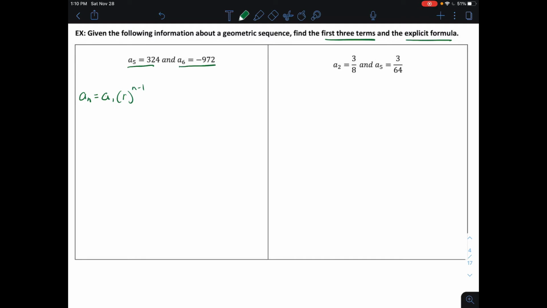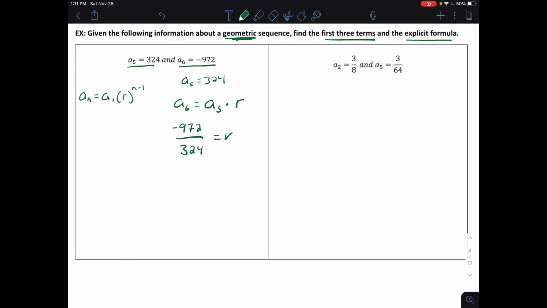Now let's think about what we're given. The 5th term is 324, so a5 is equal to 324. Since we're told it's geometric, we know that the 6th term, a6, is going to equal a5 times whatever r is. I don't know what r is, and I want to figure it out. If I'm given 2 consecutive terms, r would equal a6 divided by a5, and that tells me exactly what r is.